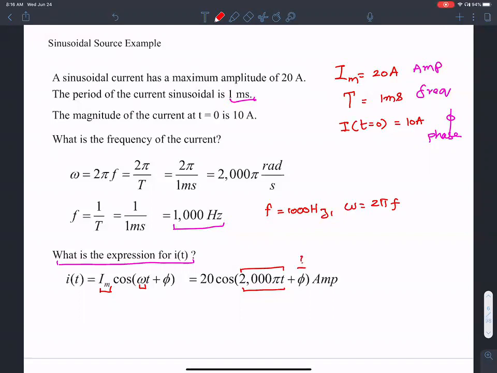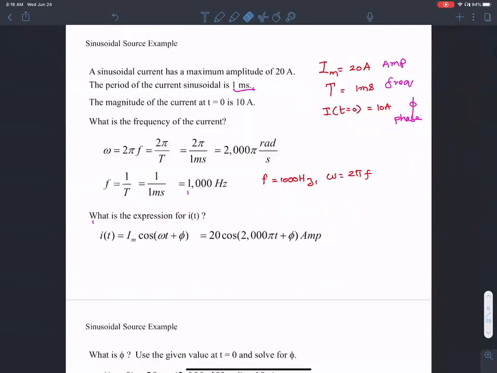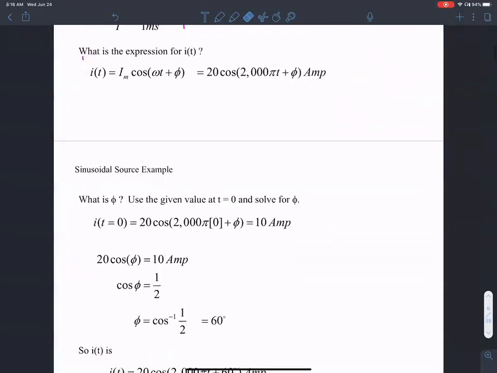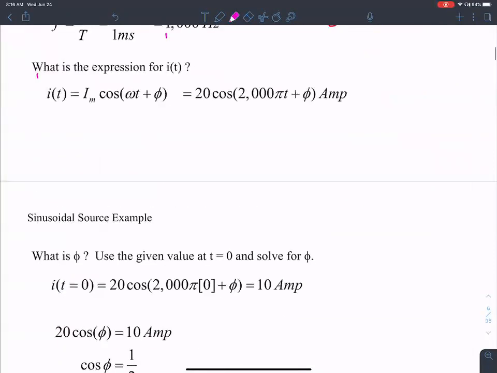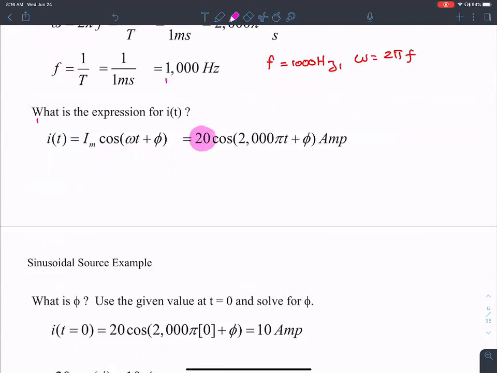Phase angle is not directly given, but some information that could lead me to the phase angle is given. How do we find phase? We have just about everything: the Im value and the omega value, and the only thing missing is phi.